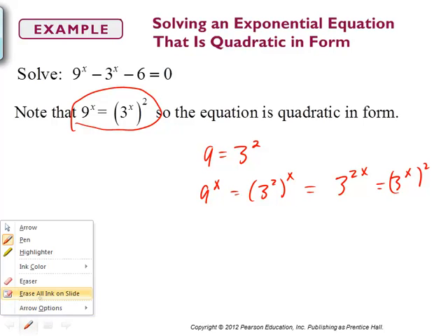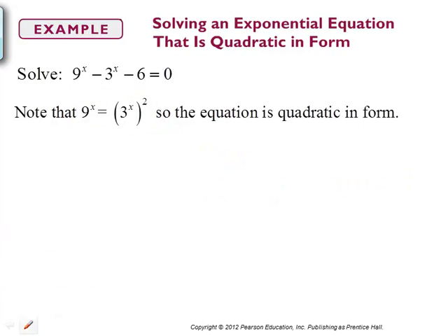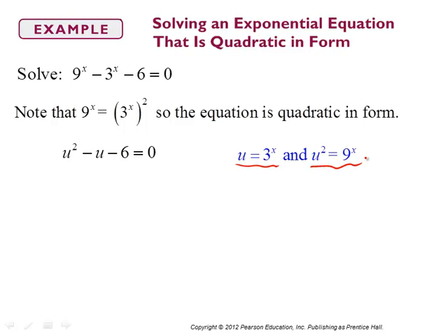I'm going to erase this ink here. So just rewrite our equation. Now it's kind of in this quadratic form. Maybe you can do a substitution where u is equal to 3 to the x power, which means that u squared is the same thing as 9 to the x power.